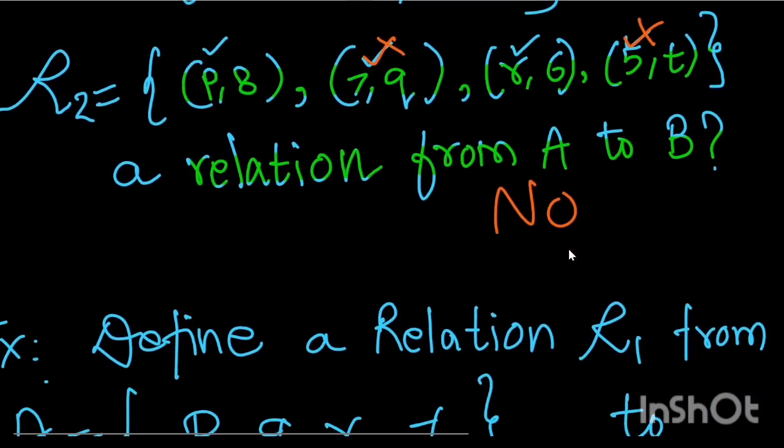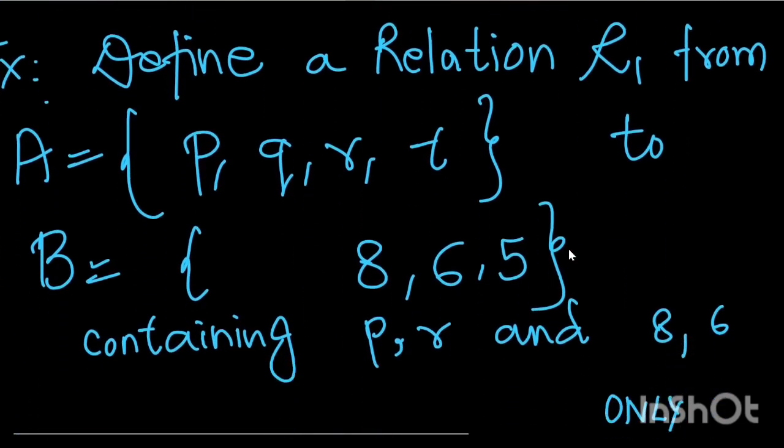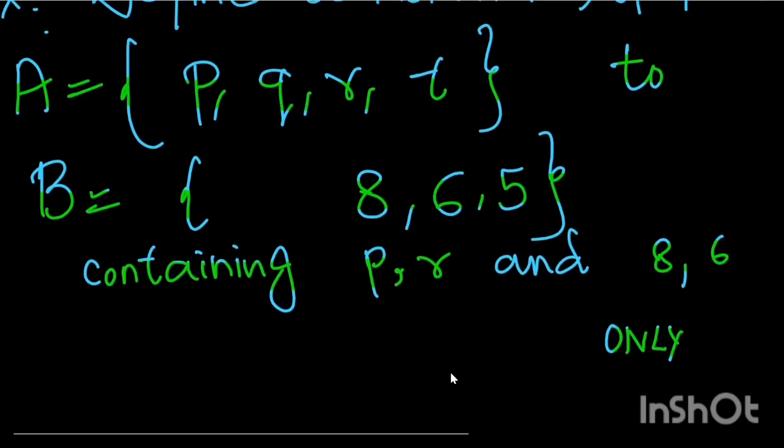Now let's take another example. Define a relation R1 from A, PQRT, to B, 865, containing PR and 86 only. So defined from A to B. Okay, so clearly PR we will take, and it should contain 86.